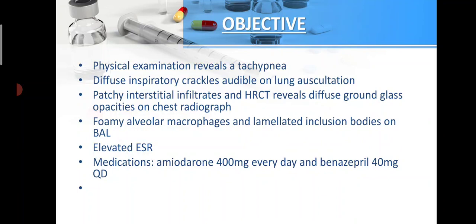Objective: physical examination reveals tachypnea, diffuse inspiratory crackles audible on lung auscultation, patchy interstitial infiltrates and HRCT reveals diffuse ground glass opacities on chest radiograph, foamy alveolar macrophages and lamellated inclusion bodies on BAL, elevated ESR, medications amiodarone 400 mg every day and benazepril 40 mg every day. Here elevated ESR indicates infection and the dose of amiodarone indicates the patient is having ventricular arrhythmia.